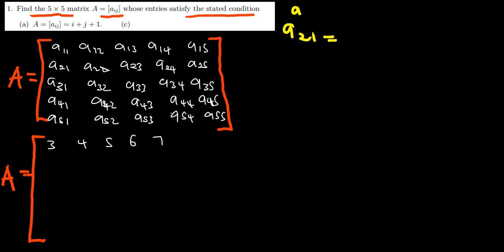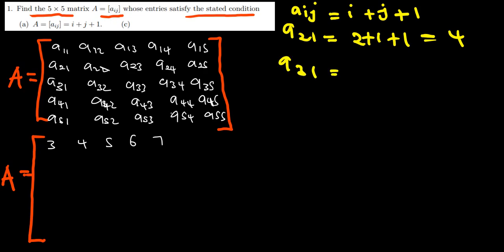Remember our Aij is just i plus j plus 1. So this will be 2 plus 1 plus 1, which is 4. A31 will be 3 plus 1 plus 1, which is 5.